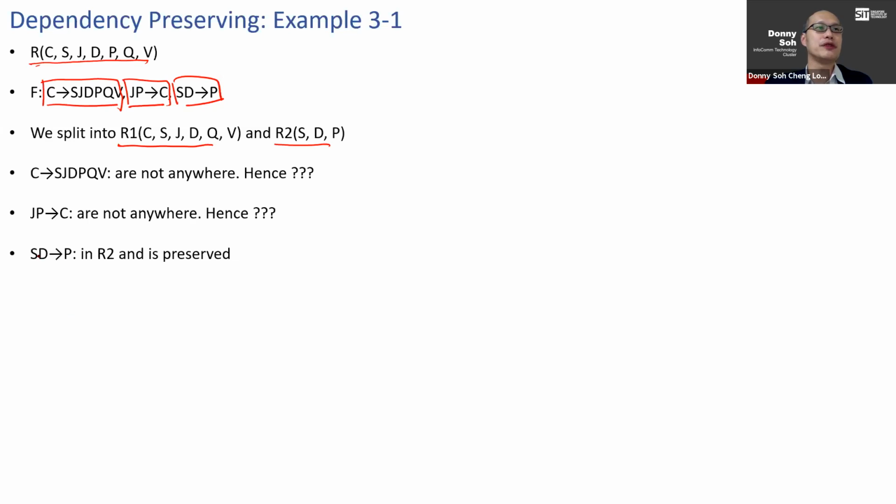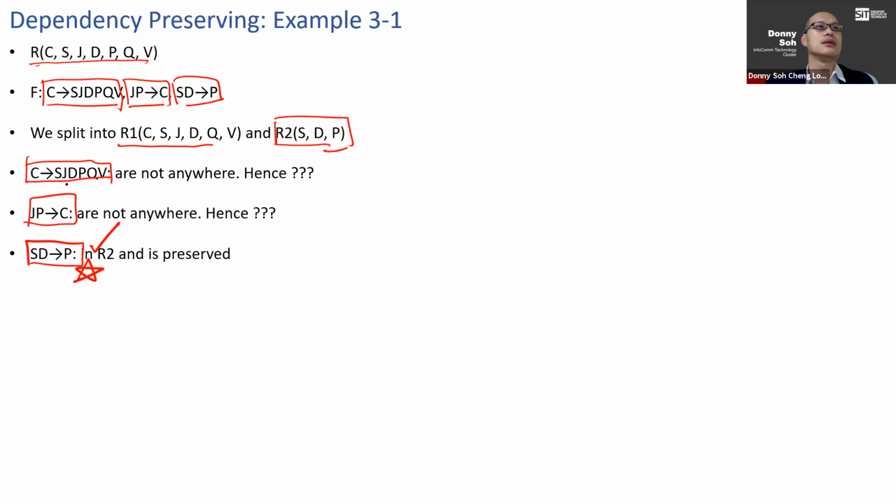Okay, so first thing, S D implies P. First we know that this is in R2, and so this is preserved. And now this is fine. Now we have these two other sub-schemas.